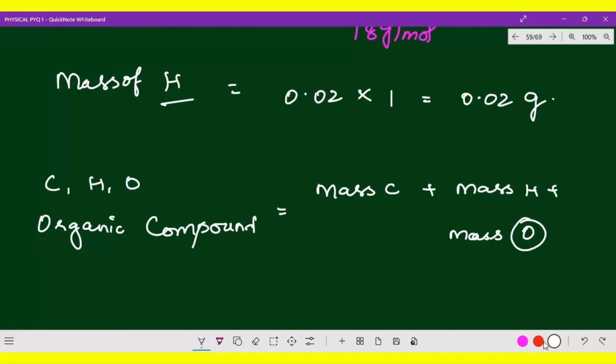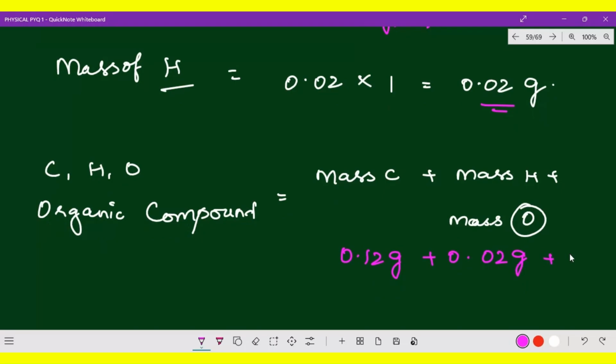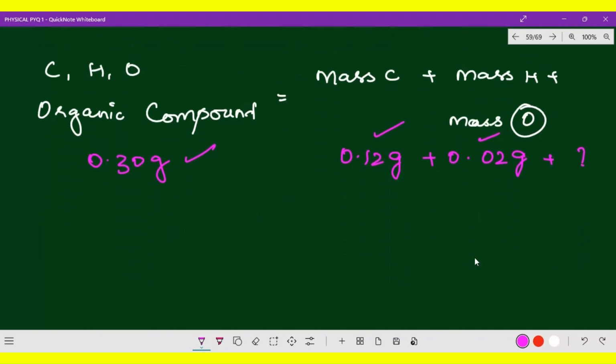The data we have: 0.12 gram of carbon plus 0.02 gram of hydrogen. Plus oxygen, which we don't know. The organic compound, how much have they given? 0.30 gram. Mass of carbon we got, mass of hydrogen we got, so we find the mass of oxygen.